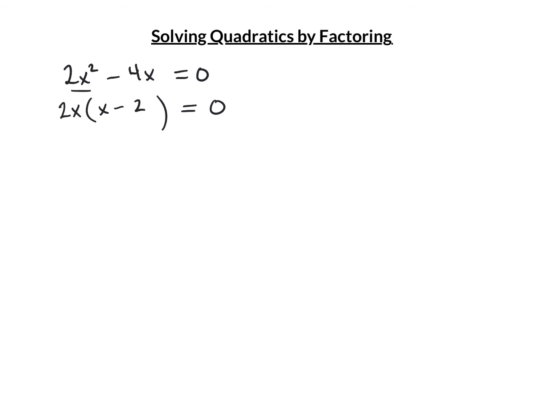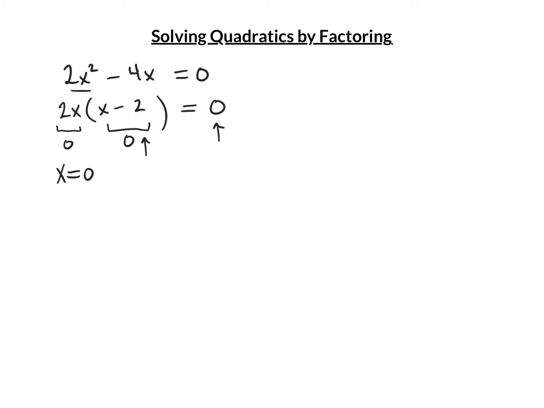Now I'm searching for values to plug into each factor that create 0, because 0 times anything is 0. Out front here, this is 2 times x. Keep in mind that you're multiplying out front, and the only solution there would be x equals 0, because 0 times 2 would be 0, and 0 times whatever x minus 2 is will also be 0.